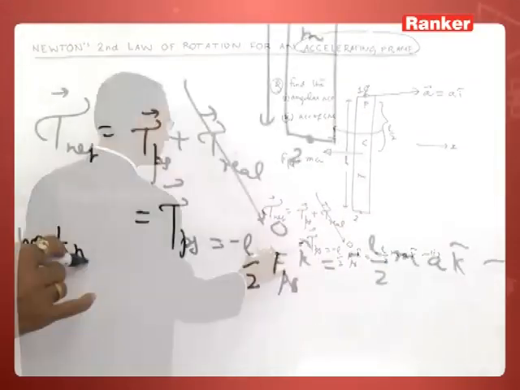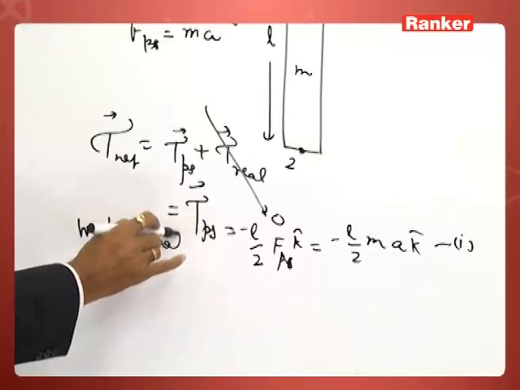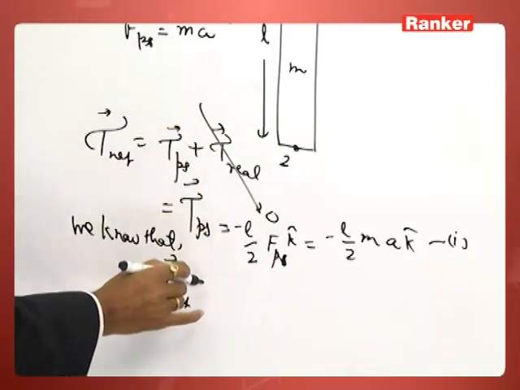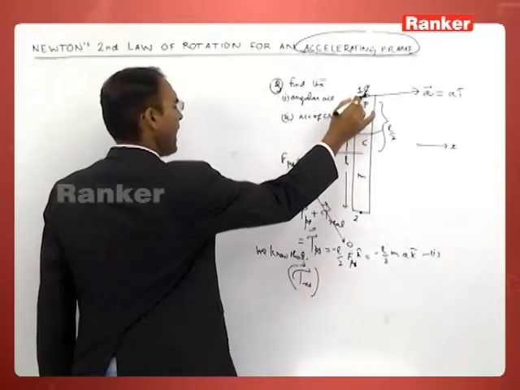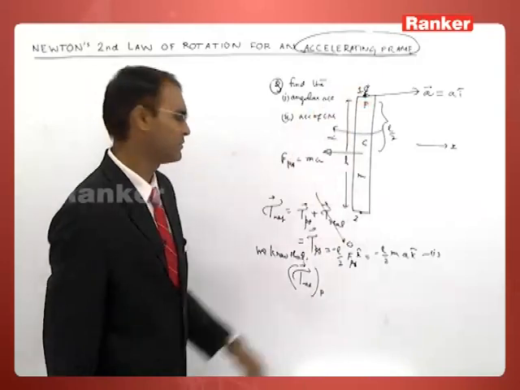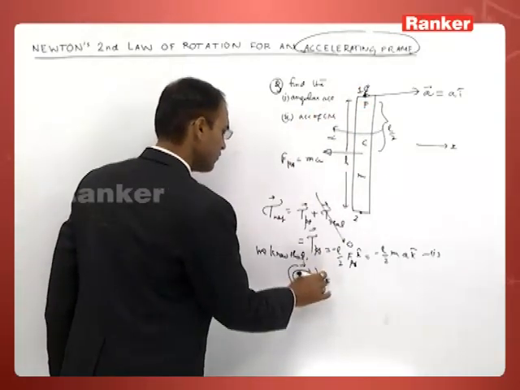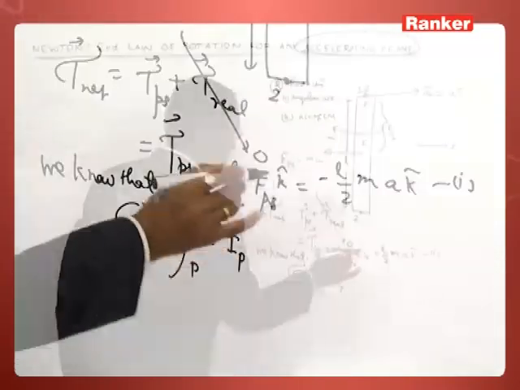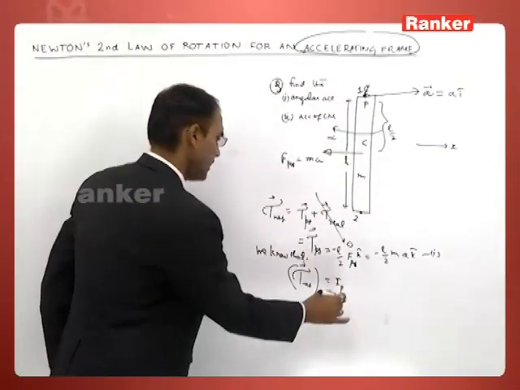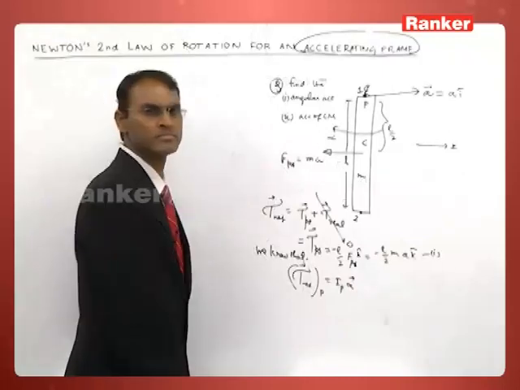We know that the net torque applied about this point is equal to the moment of inertia of the rod about this point into alpha.